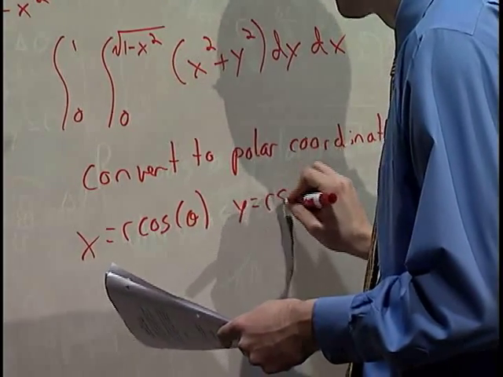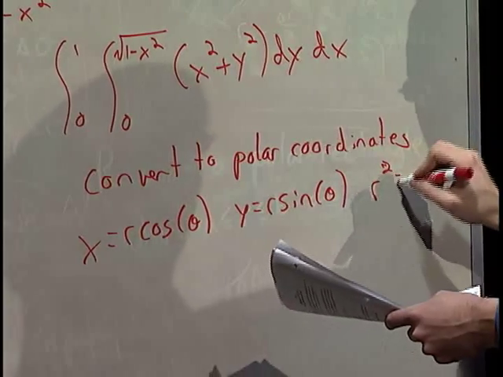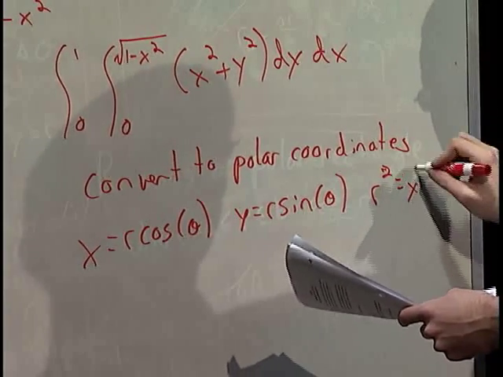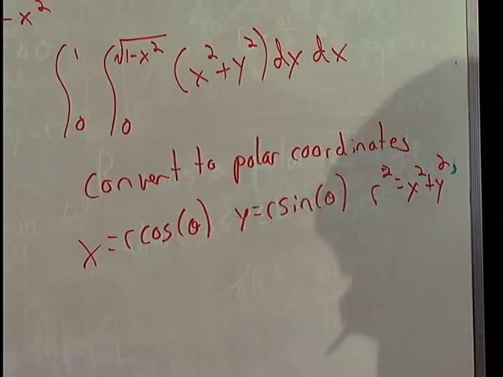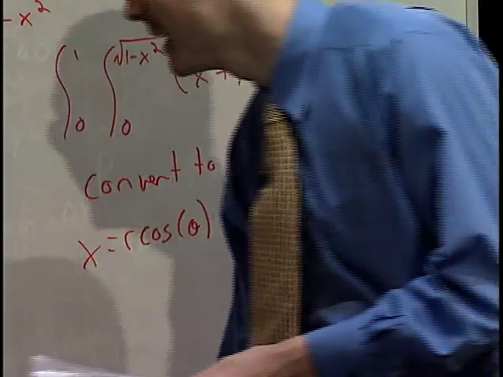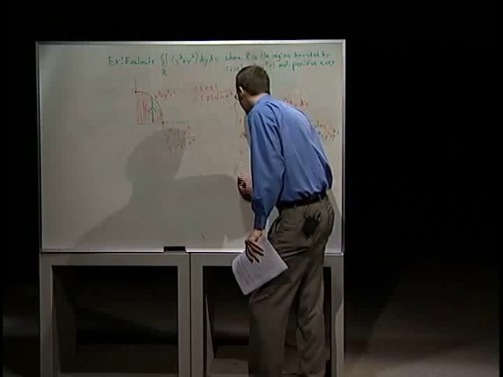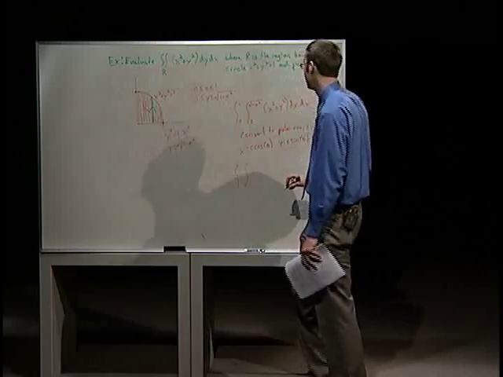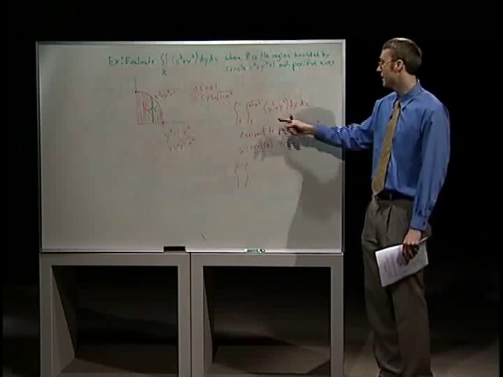We know that y is r sine theta. And we know that r squared is equal to x squared plus y squared. We have those relationships there. And so as a consequence, the inside integral, so we'll leave the limits of integration blank for the time being, well, inside becomes r squared, which is great.